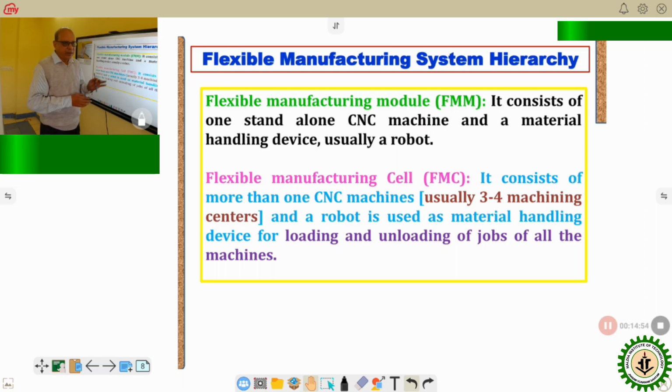So our objective should be to cut down the idle time as far as maximum as possible. The robotic system is very efficient in loading unloading the job into the machine tool or particularly CNC machine tool.